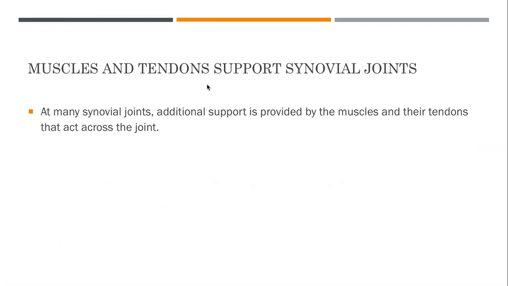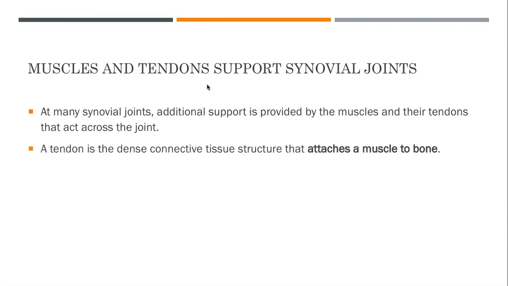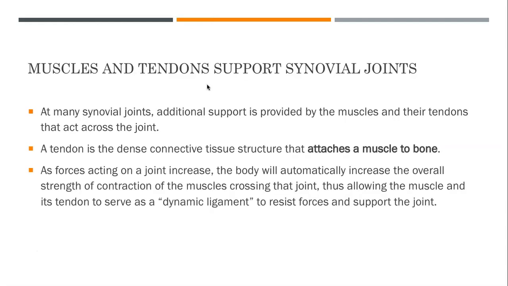At many of these synovial joints, we'll have additional support that's provided by muscles and the tendons that act across the joint. A tendon is a dense connective tissue structure that attaches a muscle to a bone. As forces that act upon a joint increase, the body will automatically increase the overall strength of contraction of those muscles that are crossing the joint.